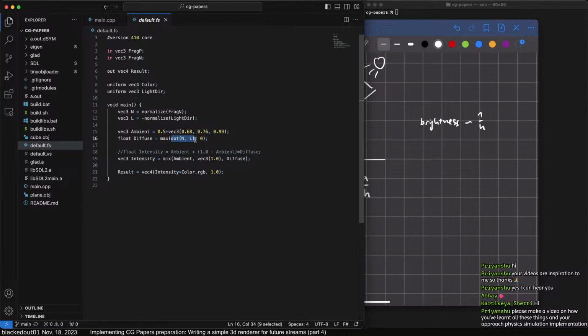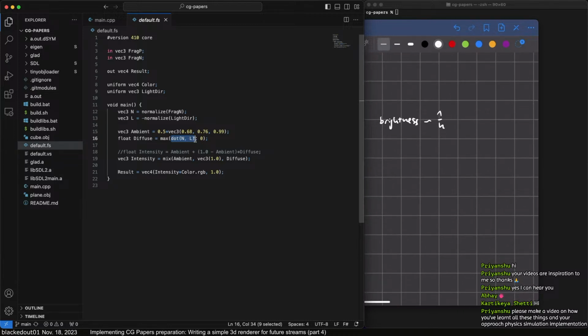And if we rearrange this to H, we put H on the other side, and then we can divide by the cosine.